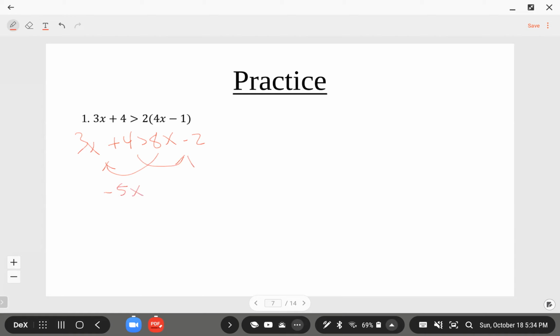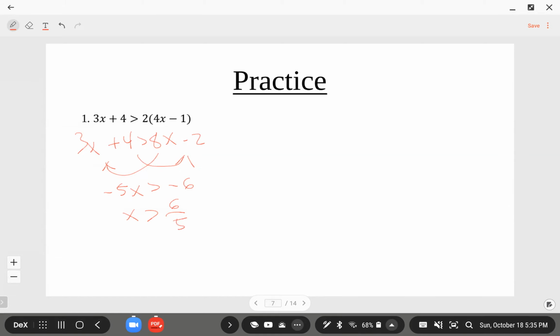Negative 5x is greater than negative 6. So now what we need to do is divide by a negative 5, and x is greater than 6 over 5. Is that correct?